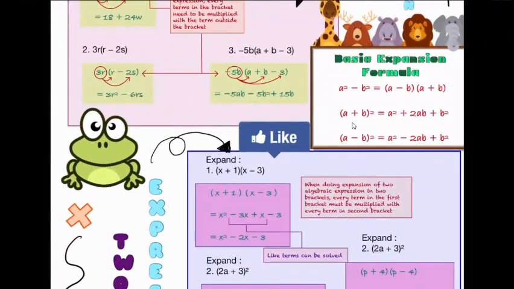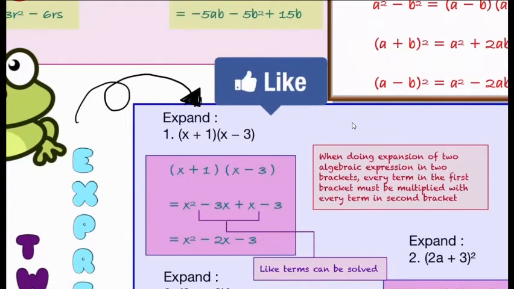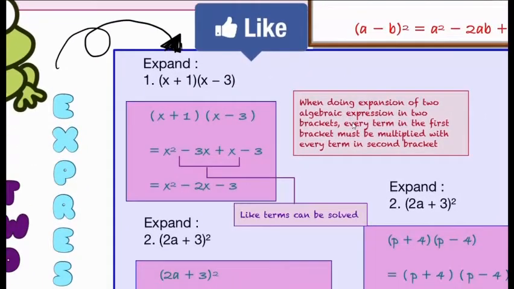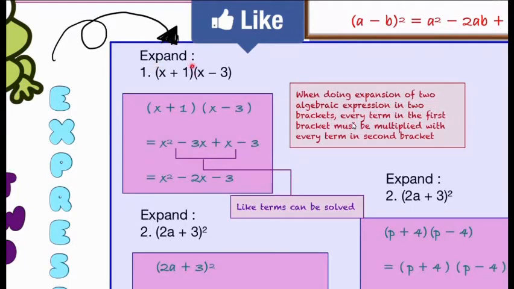How about if you find a question where there are 2 brackets that need to be multiplied, and inside the bracket there are 2 terms, such as this one, x plus 1 times x minus 3.